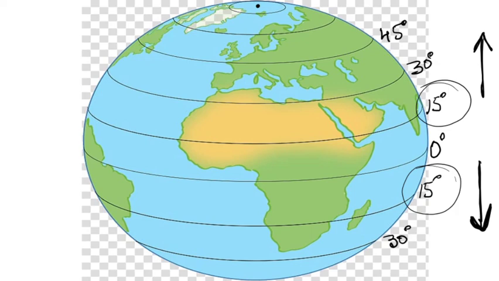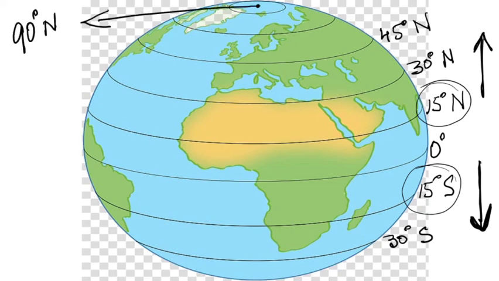If the parallels are in the northern hemisphere, they are marked as N, and if the parallels are in the southern hemisphere, they are marked as S. The North Pole is written as 90 degree north and the South Pole is written as 90 degree south.